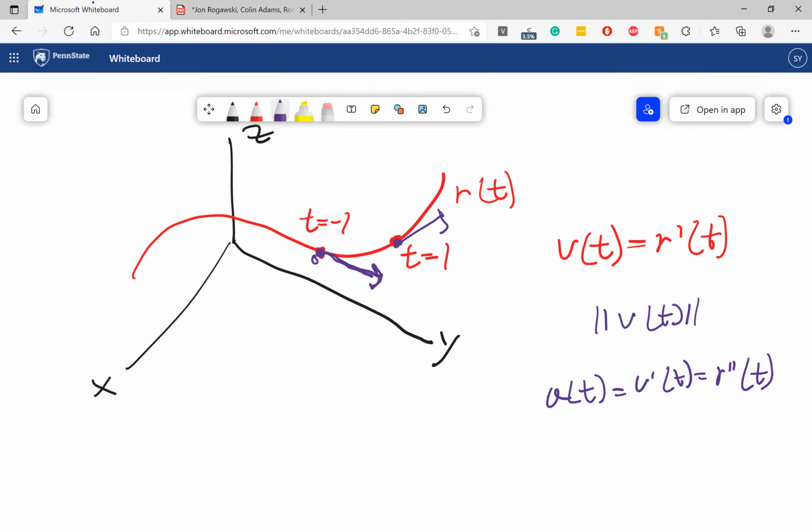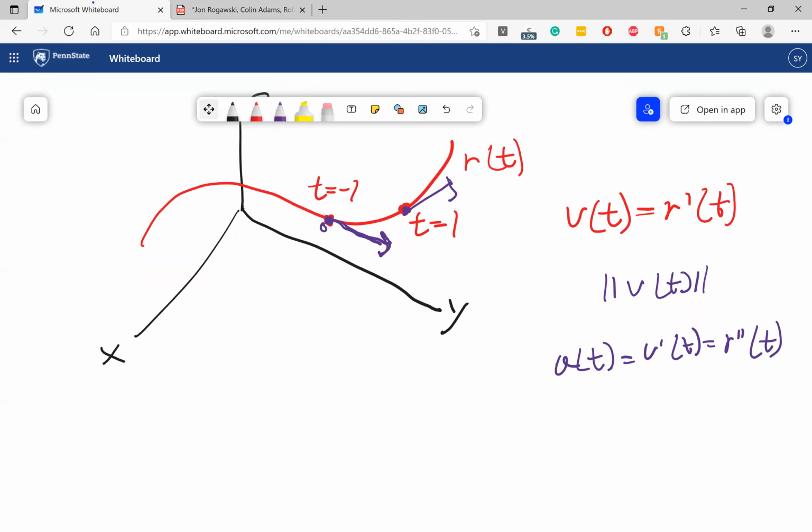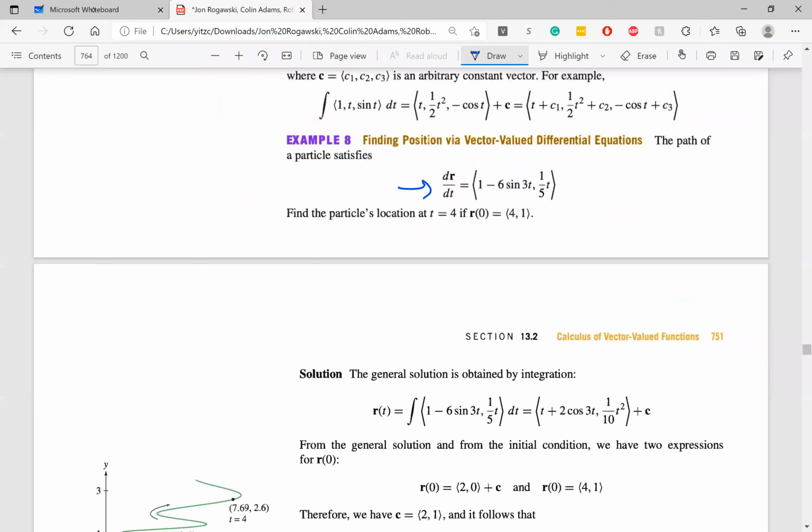And a type of question that might come up is, I tell you the curve that describes the velocity of your particle, and I give you some initial point, and I want you to figure out the position of the particle, or r of t. So I give you v of t and some point for r, and I want you to figure out all of r of t. And that's this question right over here.